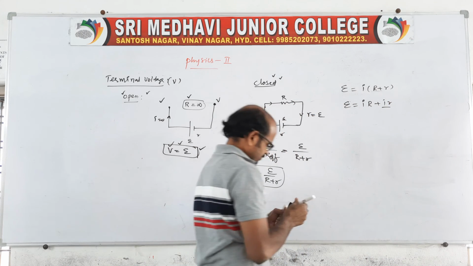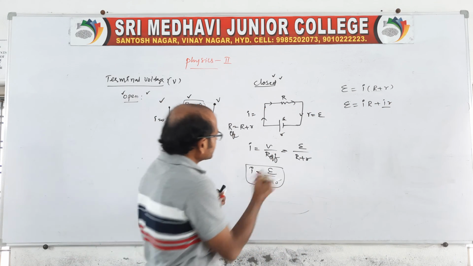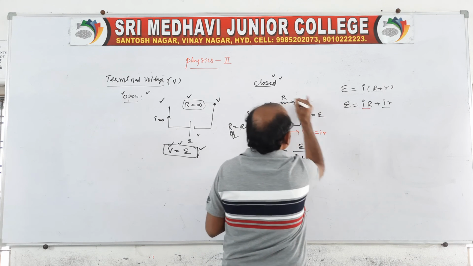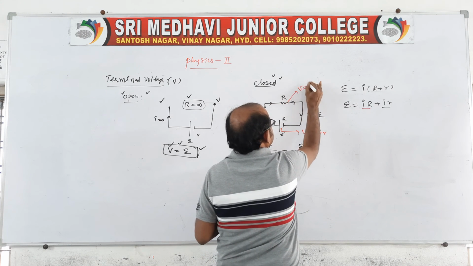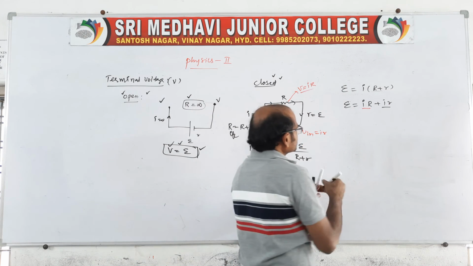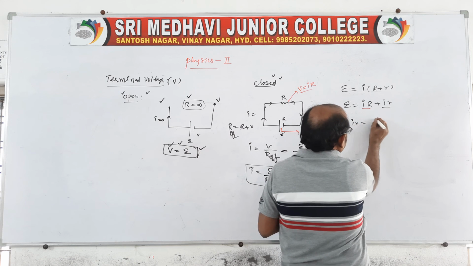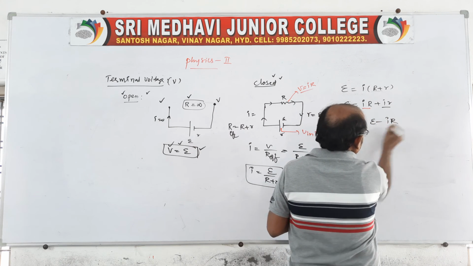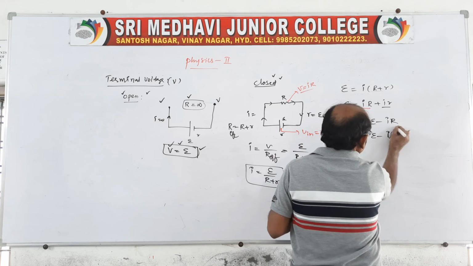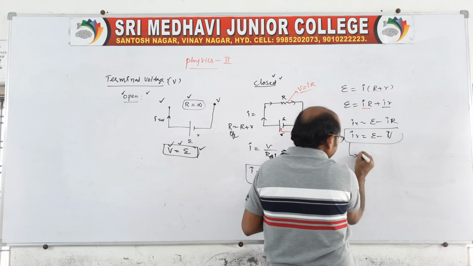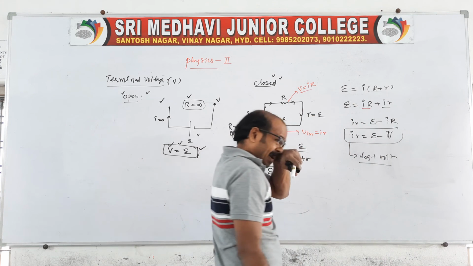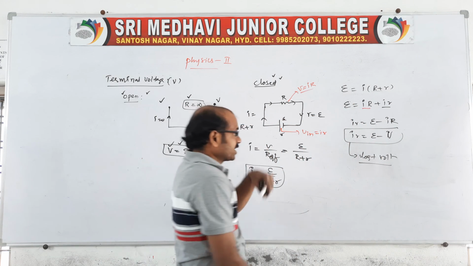Sir, what is Ir? Of course, Ir is the voltage drop inside the cell, and capital IR is across the external resistance. Now from this we can draw the conclusion: Ir is equal to E minus IR, that is, E minus V. This is called the lost volts. Lost volts is very simply defined as the difference between the EMF and the potential difference.